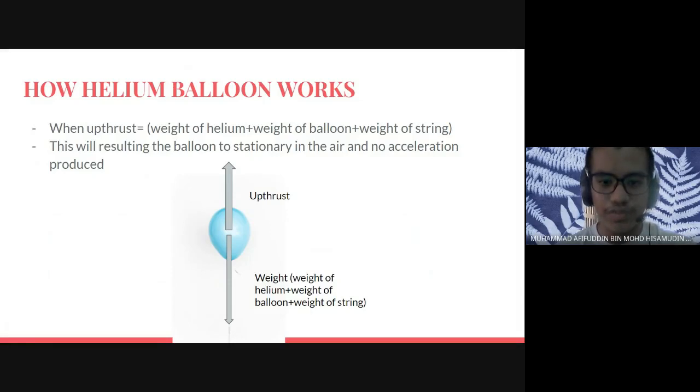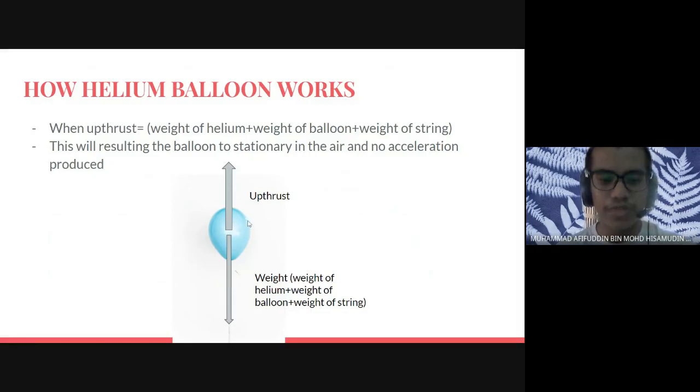As we see in the picture right here, the balloon is experiencing upthrust and weight acting on it. So the upthrust, which we can refer to as the buoyant force acting on the balloon, is against the weight, which here is the weight of helium plus the weight of balloon plus the weight of string.